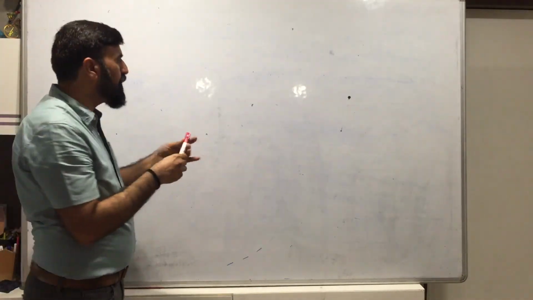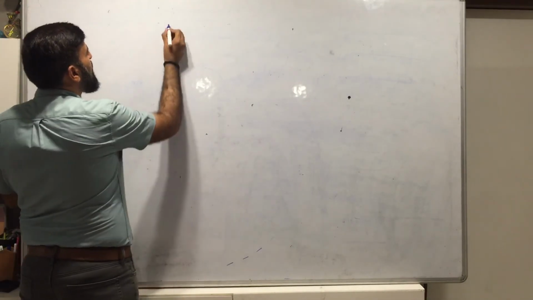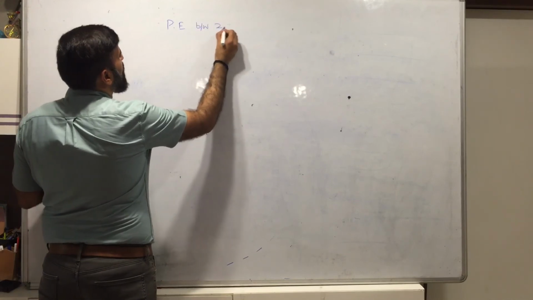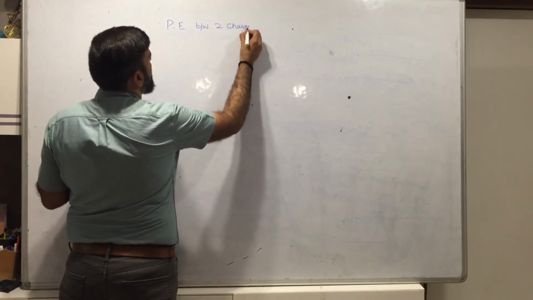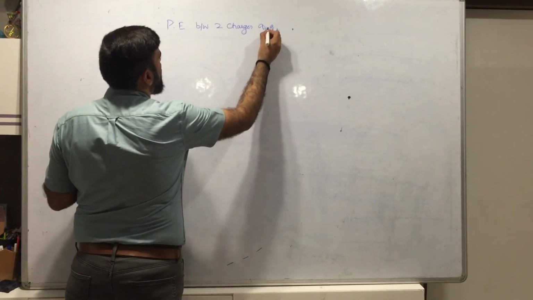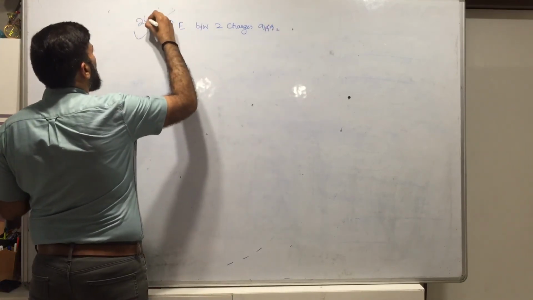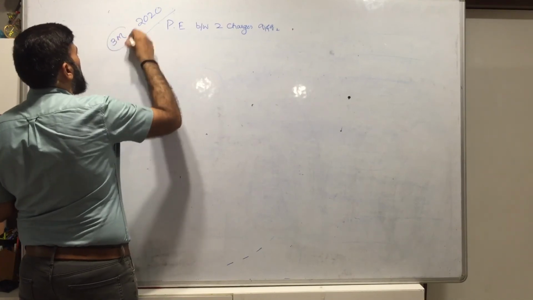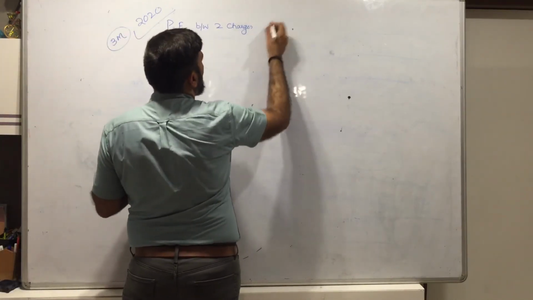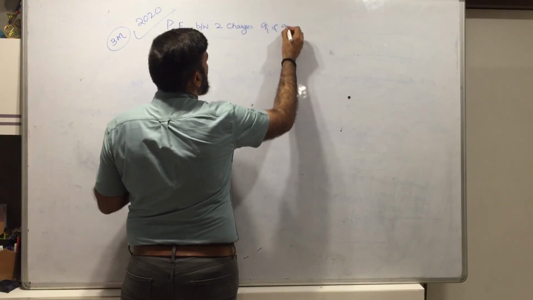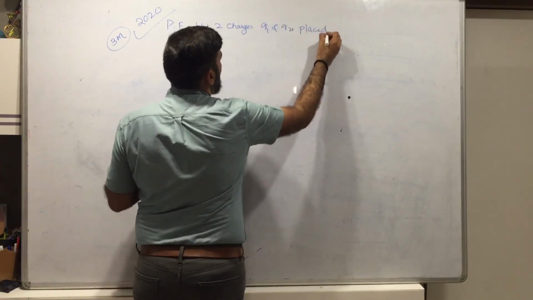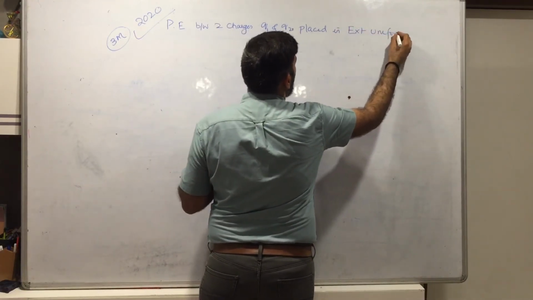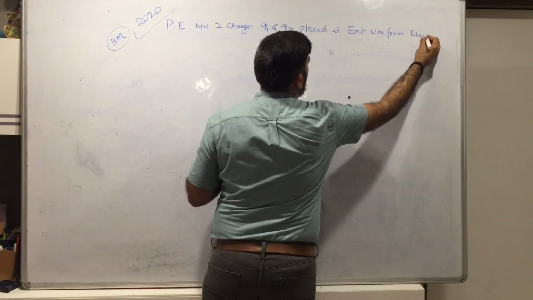Okay, this is boards 2020. 3 marks or 2 marks? I don't exactly remember, but let's say 3 marks. Two charges Q1 and Q2 placed in an external uniform electric field. I'm taking uniform, okay?